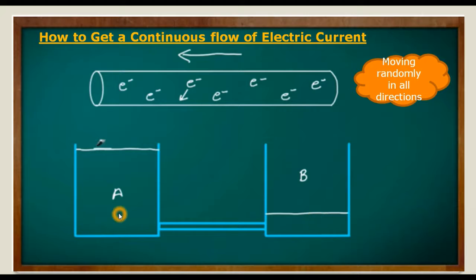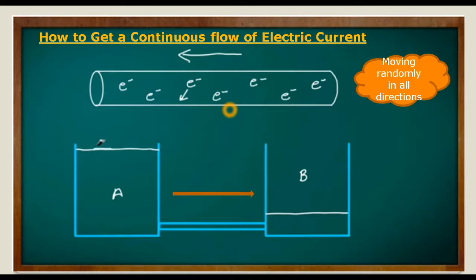Water will start flowing from beaker A to beaker B, right? Why? Because of the difference of water level. The level of water is more here and less here, so water will flow from more level to less level. And the same difference is created in a conductor, so that electrons move from one end to the other end.